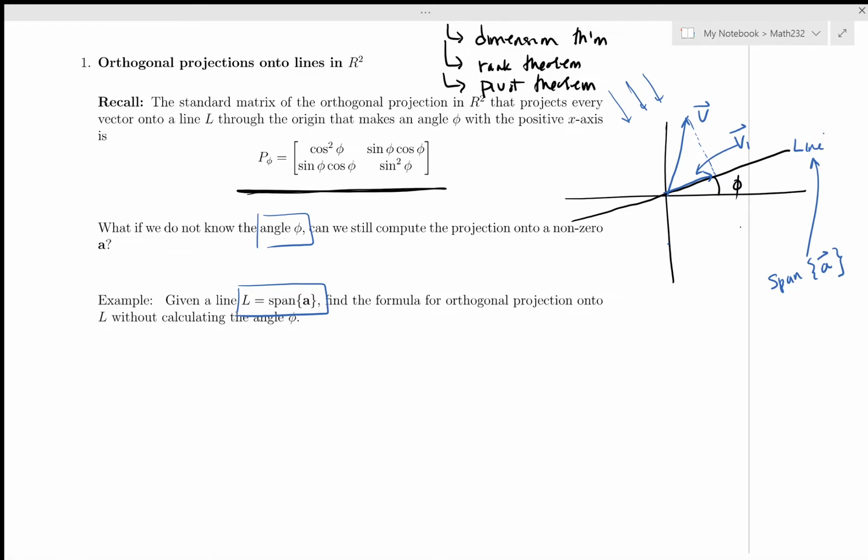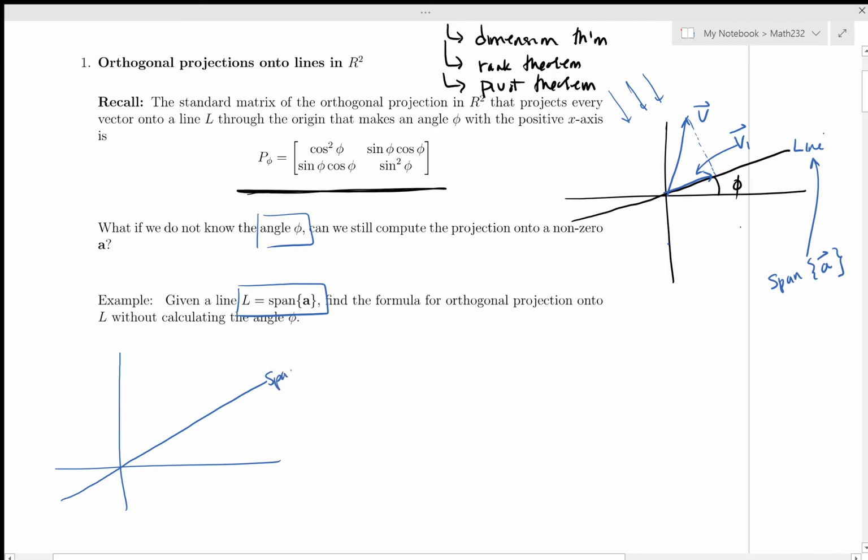Let me draw another picture here. I've got the span of A, I've got V, and I've got V1 right there.